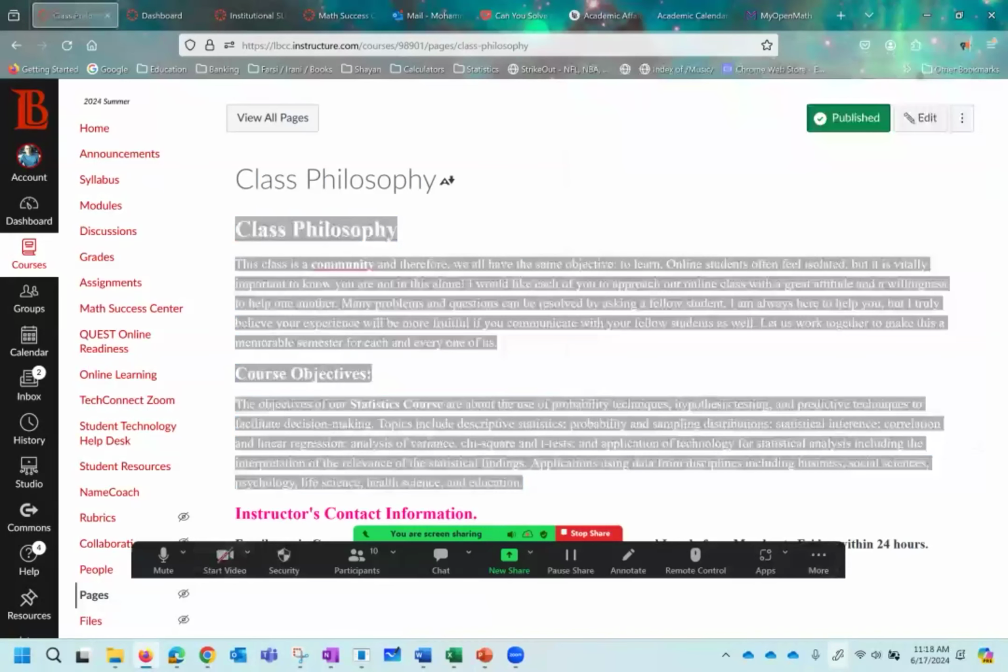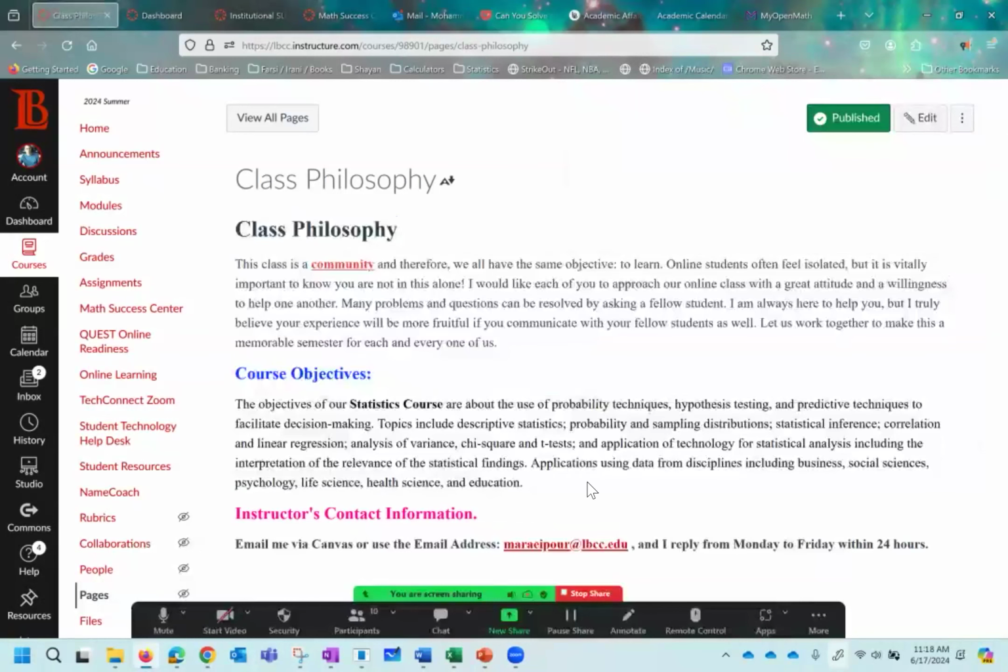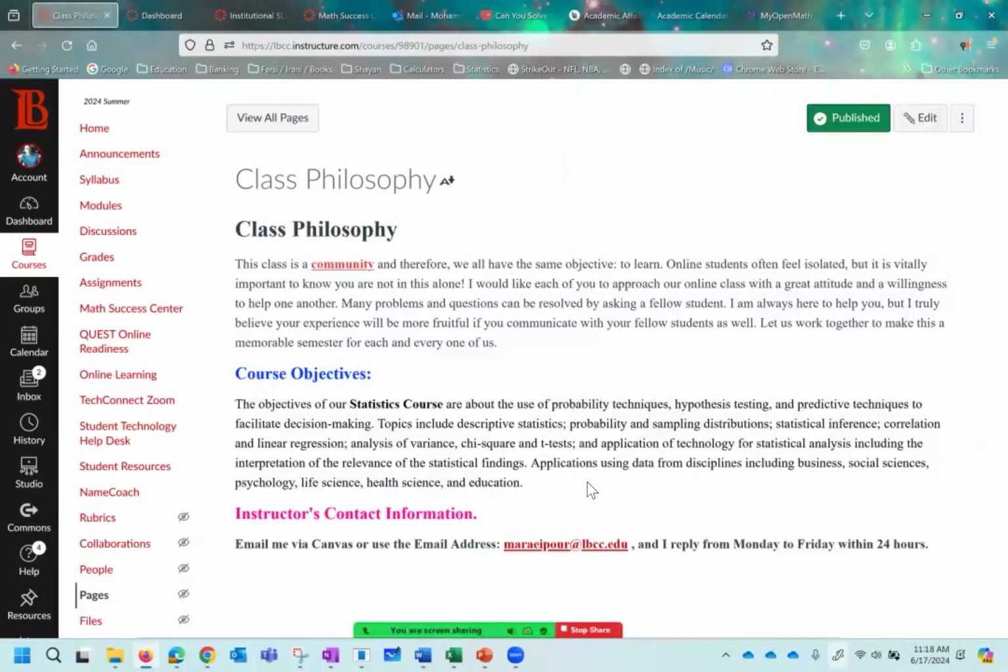Course objectives. The objectives of our statistics course are about the use of probability techniques, hypothesis testing, and predictive techniques to facilitate decision making. Topics include descriptive statistics, probability and sampling distributions, statistical inference, correlation and linear regression, analysis of variance, chi-square and t-tests, and application of technology for statistical analysis including the interpretation of the relevance of the statistical findings.